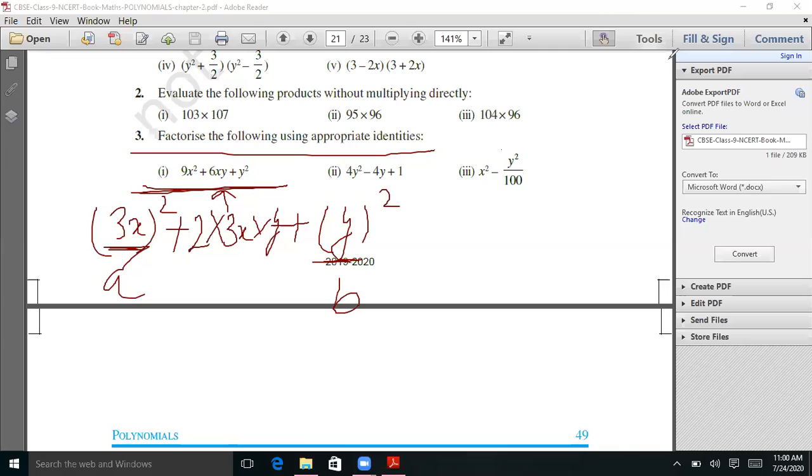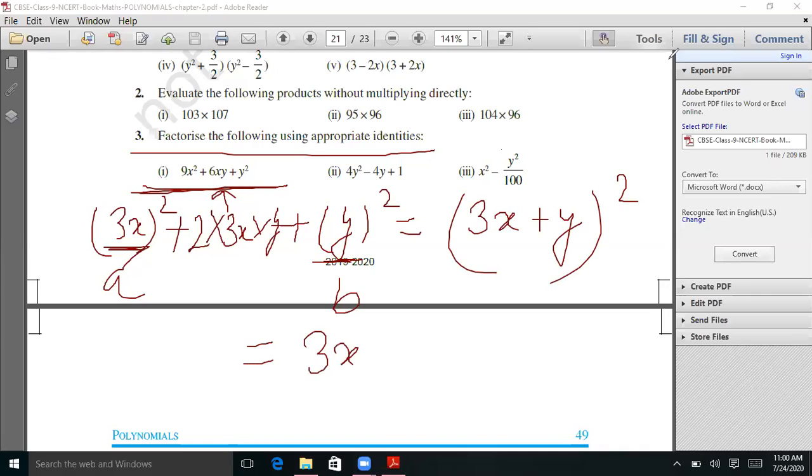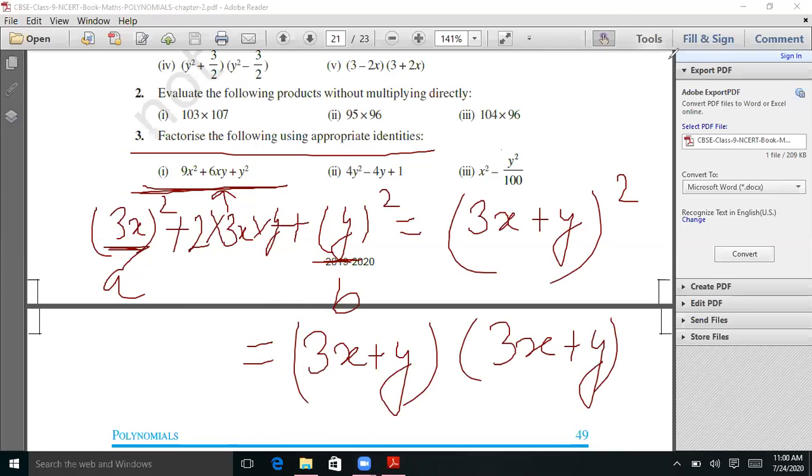So here we have formed the identity now, right? So we can write it as a plus b whole square because it's forming the identity. So it will be 3x plus y whole square. And we can write it as 3x plus y into 3x plus y, because we are to write it in factorization form.